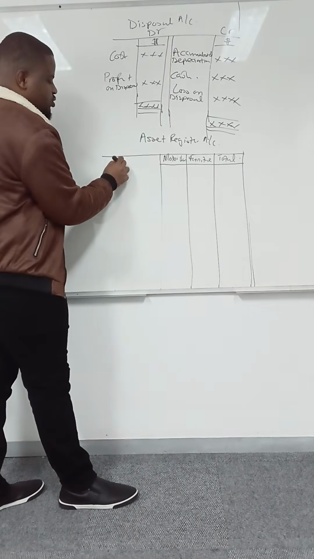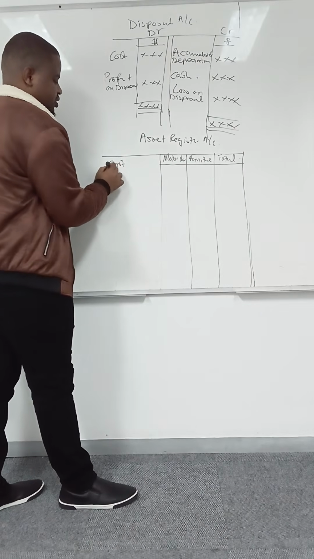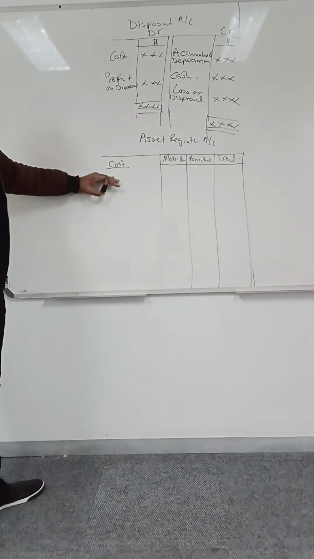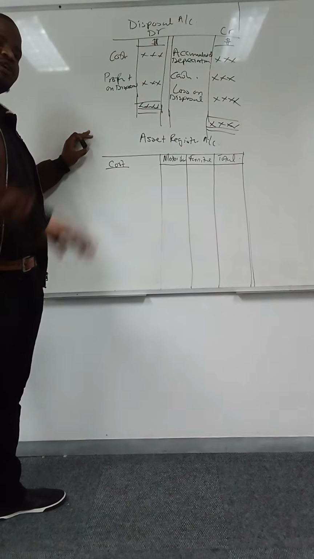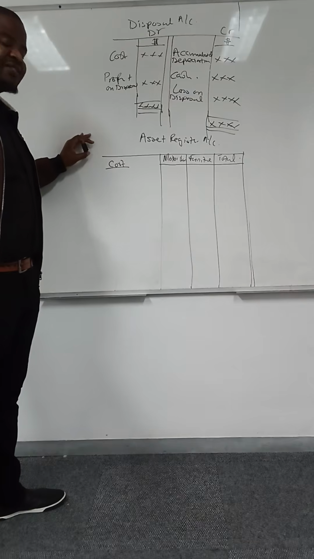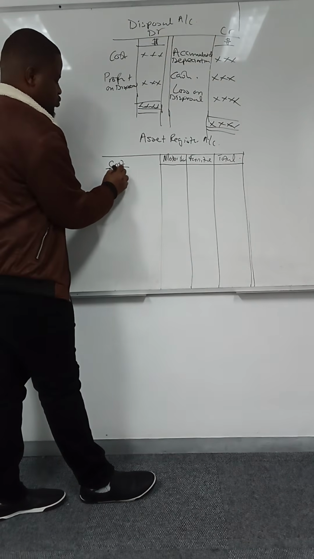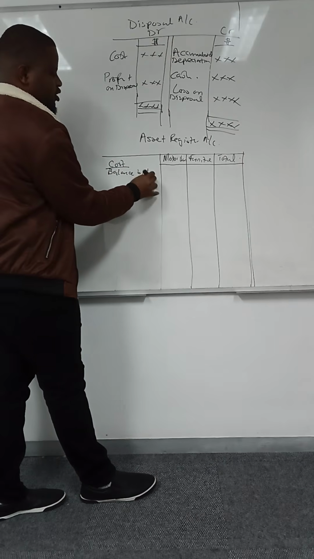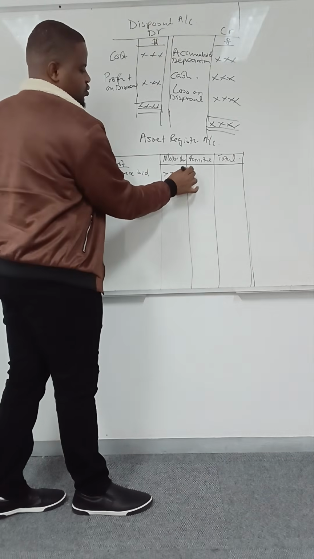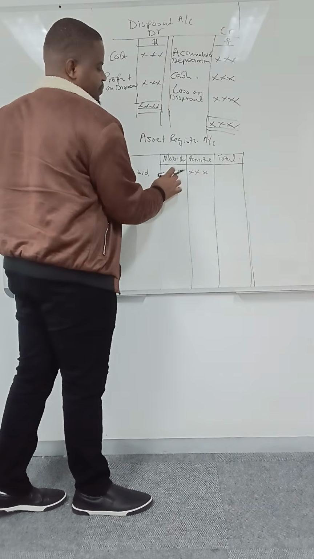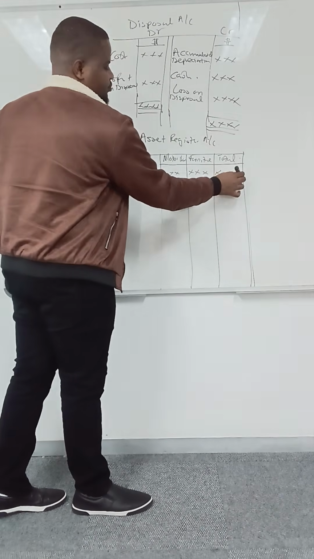So we start with cost. The cost is from our asset account, we start with the balance BD. So we put the balance BD of the motor van, we put that of the furniture, then we add up to get the total here.